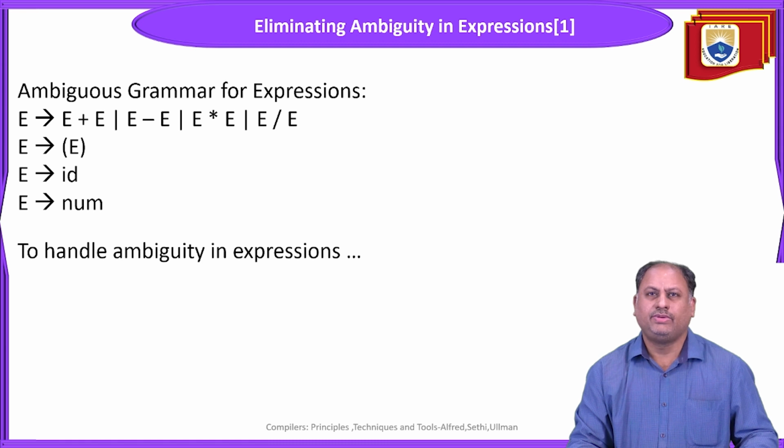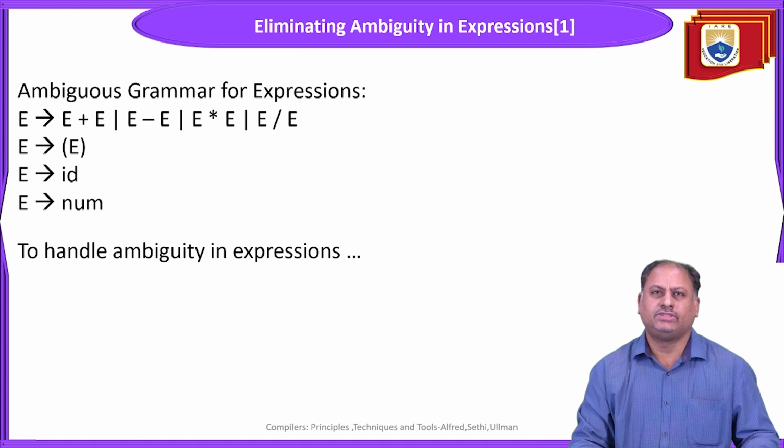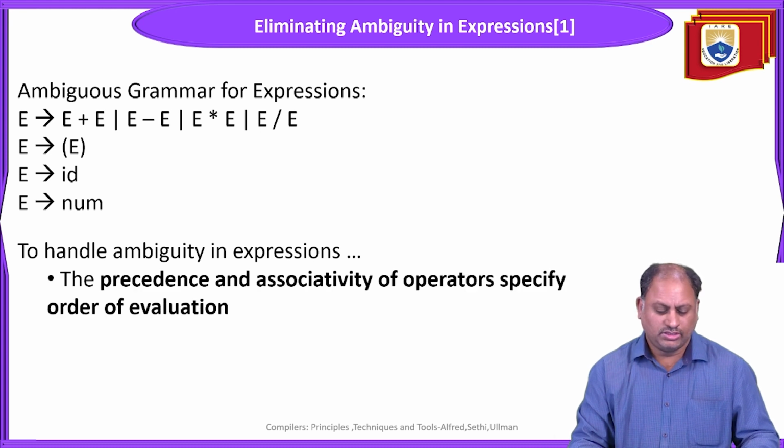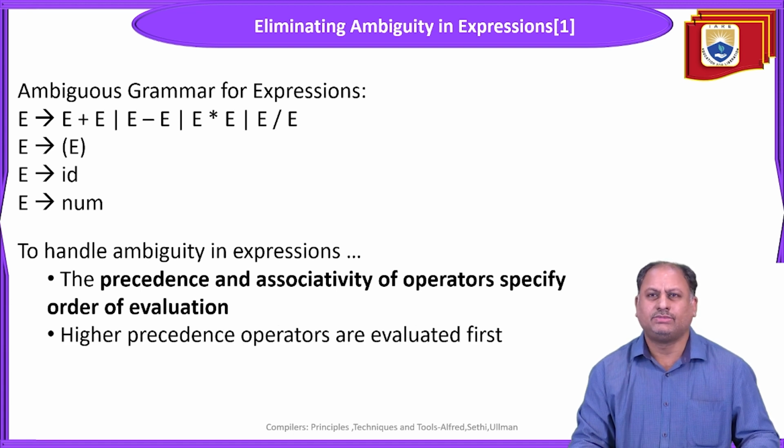Now, ambiguous grammars. For example, here in these derivations, E derives E plus E, E minus E, E star E, E divided by E. If any ambiguity arises, we can apply precedence and associativity of operators to evaluate the expressions.